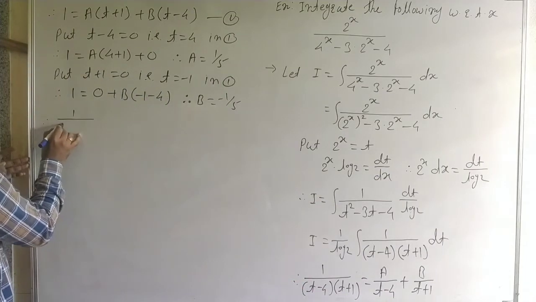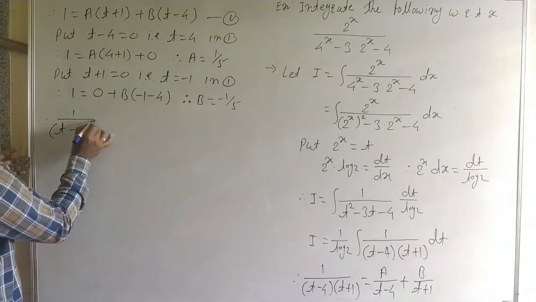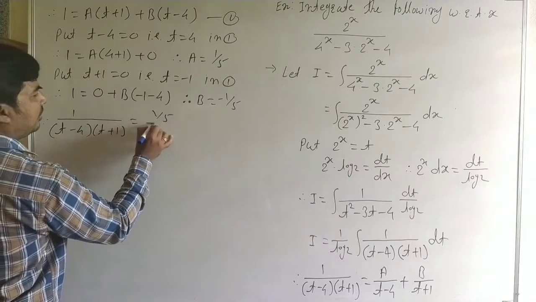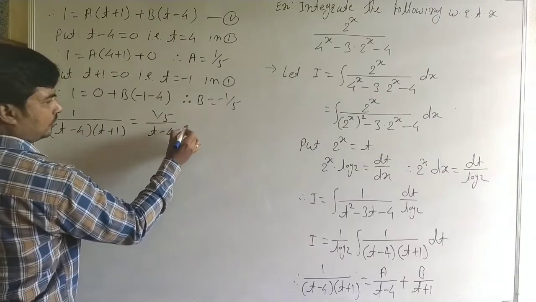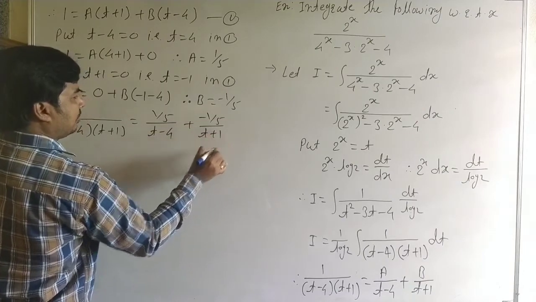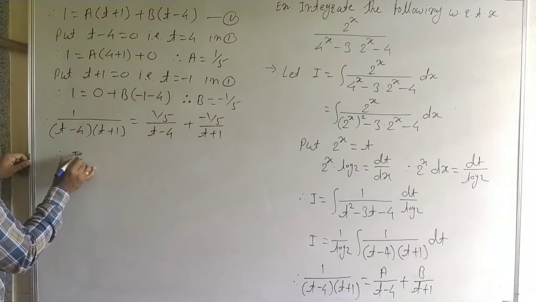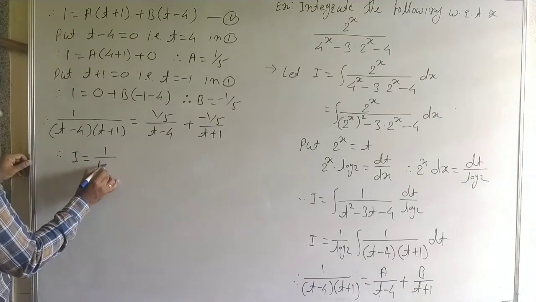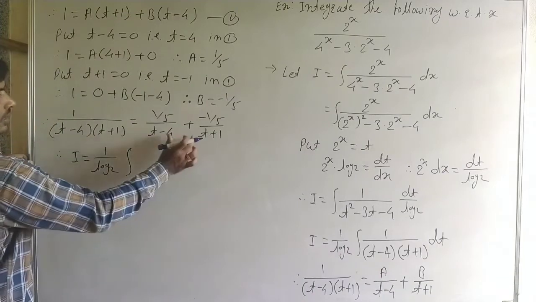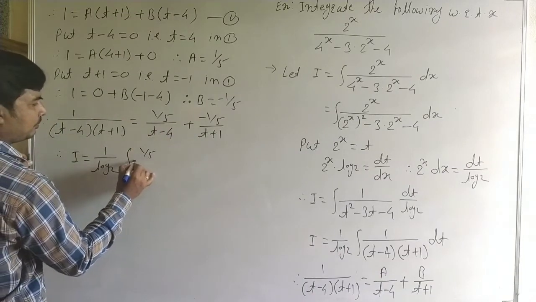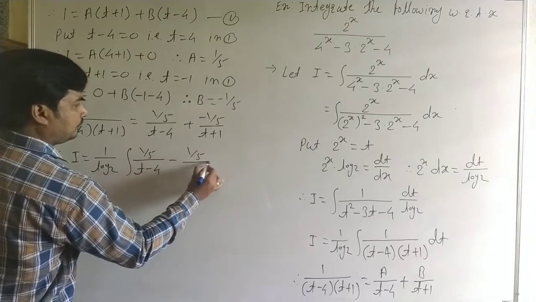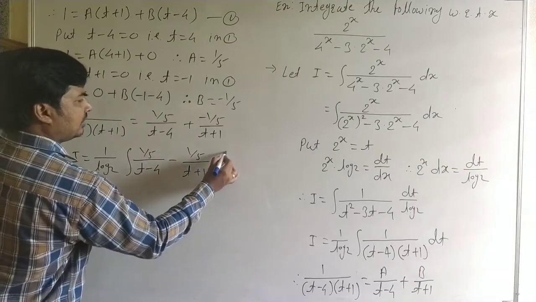Therefore, 1 upon t minus 4 into t plus 1 can be written as 1 by 5 upon t minus 4 plus minus 1 by 5 upon t plus 1, and therefore our integral is equal to 1 by log 2 integral of 1 by 5 upon t minus 4 minus 1 by 5 upon t plus 1 dt.